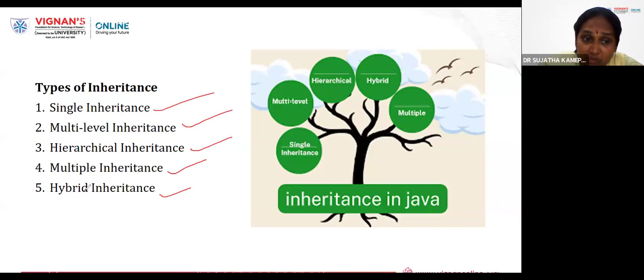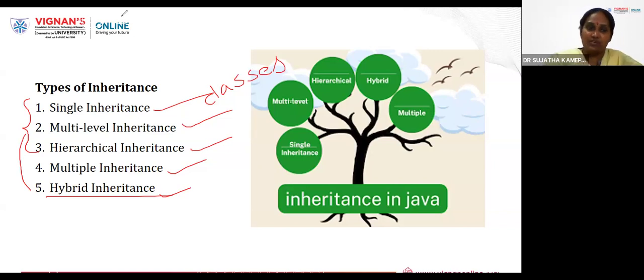Now, coming to all these inheritances, single, multi-level, hierarchical and hybrid inheritance can be obtained by using simply classes. By using just classes, we can achieve all these types of inheritances. But multiple inheritance cannot be achieved with classes.